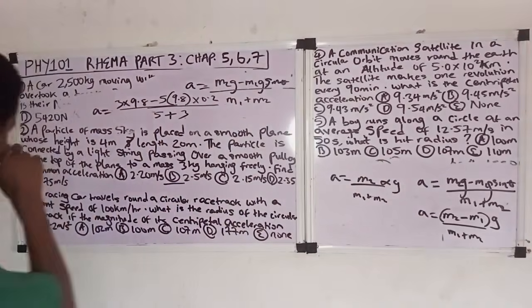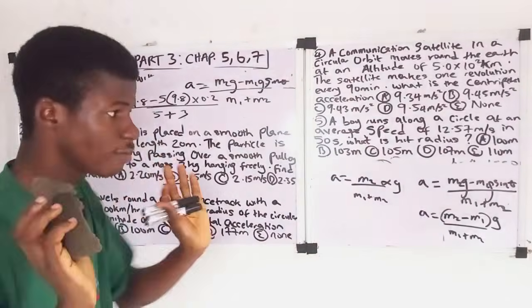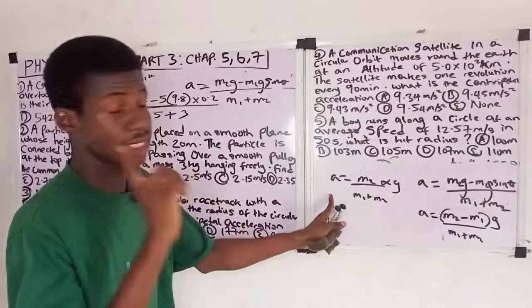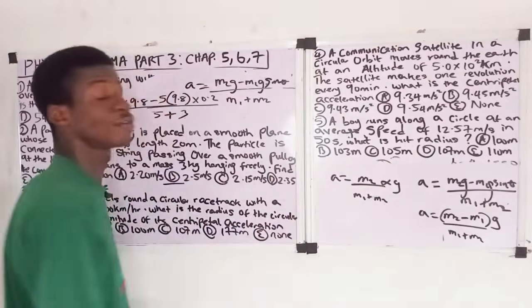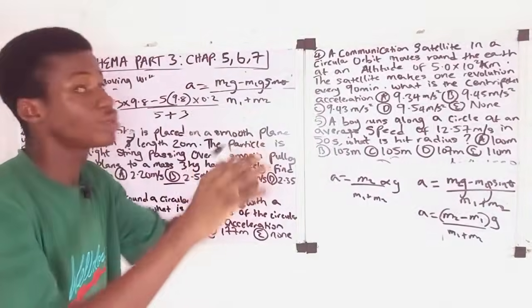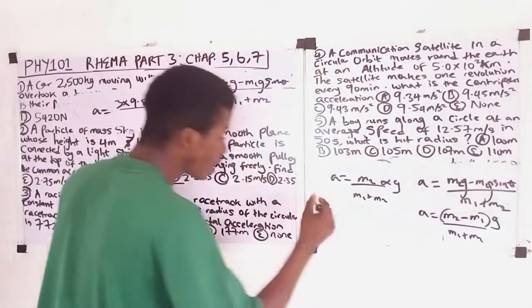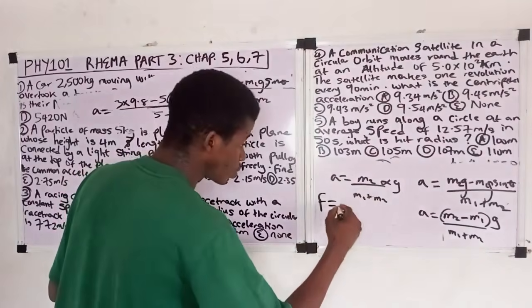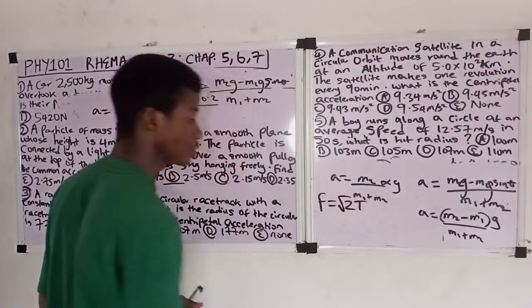Now, in this type of scenario, if they ask you to calculate the total force of the two masses, you know that the total force will usually be equal to root 2 of their tension.